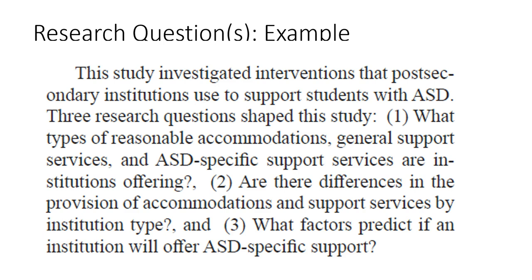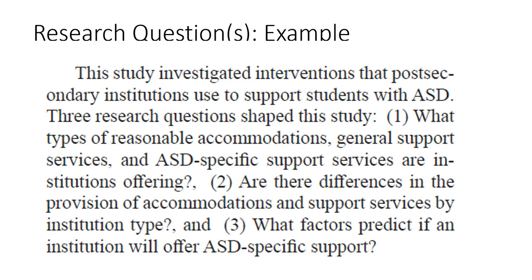This is from a different study that I have published, and this is an example of where we have that broad overarching research question and then 3 sub-questions. So the broad overarching research question in this study is interventions. So I'm investigating interventions that post-secondary student institutions use to support students with autism.